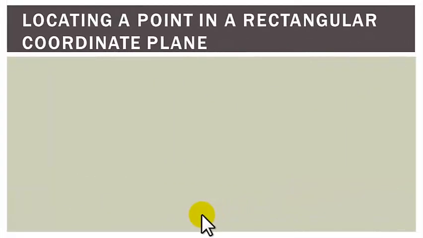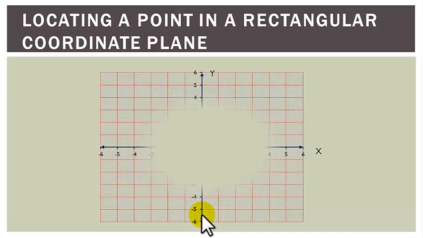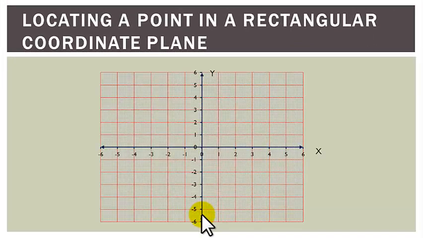Locating a point in a rectangular coordinate plane. Given a rectangular coordinate plane, the location of a point P on the plane is determined by its distance x unit from the y-axis, that is this distance x from the y-axis, and its distance y unit from the x-axis, that is this distance y unit from the x-axis.